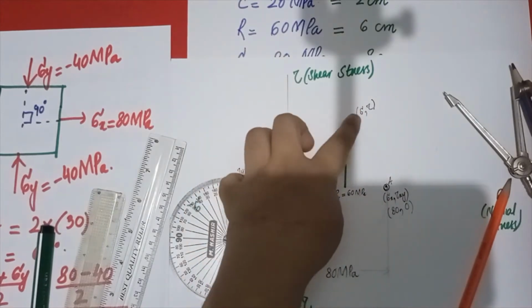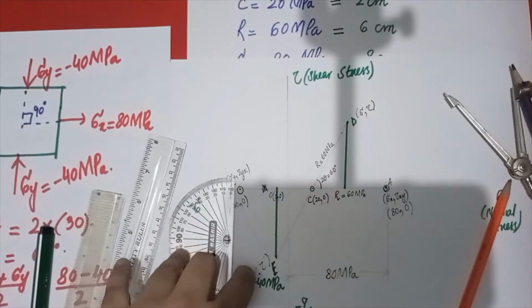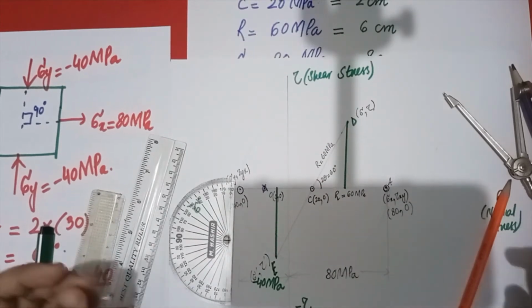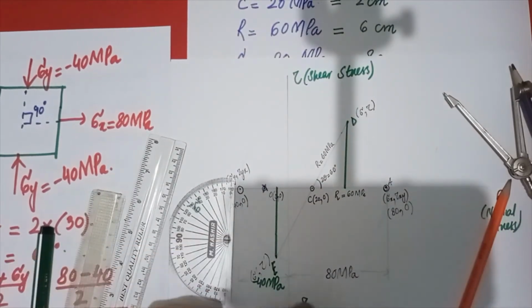Now I have to find out the value of sigma and tau and sigma dash and tau dash. So what do I have to do for that? One thing I have to do is give the points names.